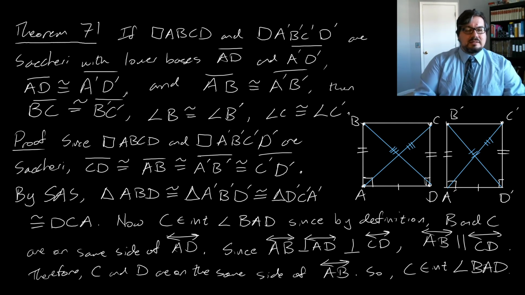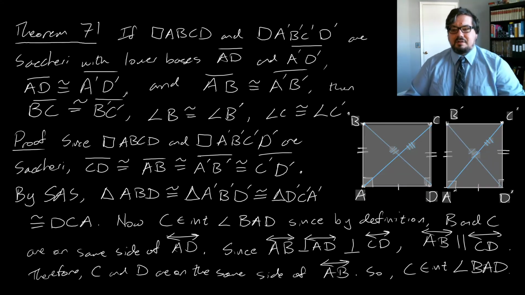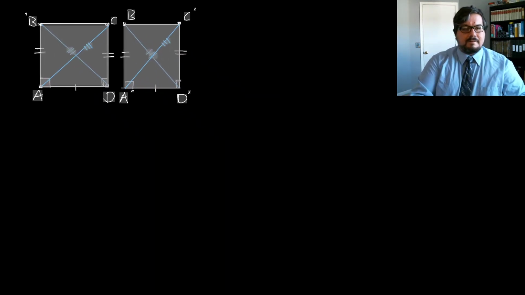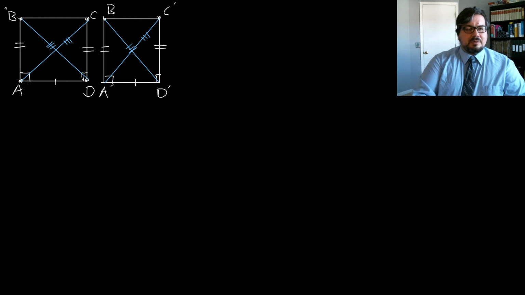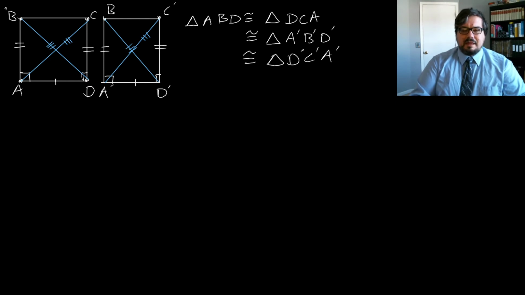All right, let's take this information that we have. We've got a bunch of congruent triangles, which I'll write down in a second after I duplicate this over. So let's see, what do we have? We have that triangle ABD is congruent to triangle DCA, which is congruent to triangle A prime B prime D prime, which is congruent to triangle D prime C prime A prime.